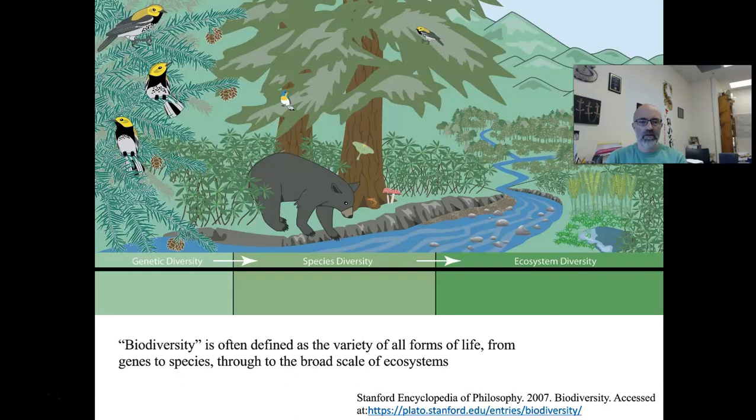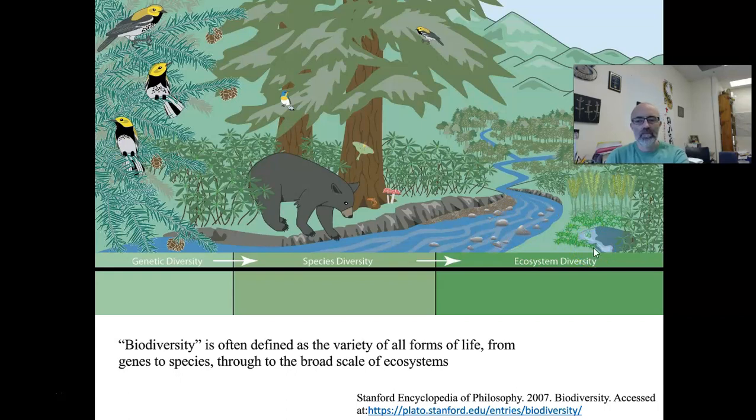So if you have abiotically a very wet area that doesn't drain and holds water for 10 months of the year, then a certain community of species will gather there and form an ecosystem. So biodiversity also includes tundra ecosystems and temperate forest ecosystems and wetland and stream and lake ecosystems, right?